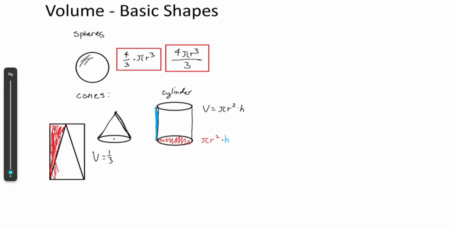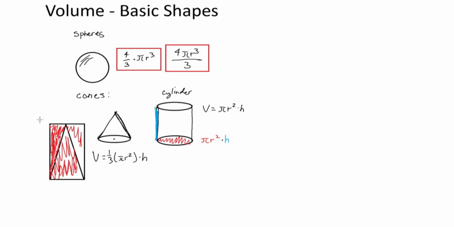If I drew it properly and proportionally, so is this center rectangle, the side view of the cone, and so is this. So it's split into thirds. So you're going to get 1/3 multiplied by the cone equation: 1/3 pi r squared times the height, just like that. And that's how you get the volume of a cone.